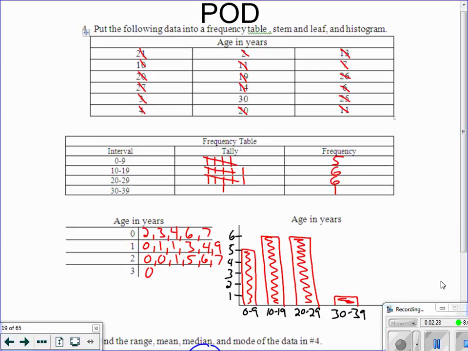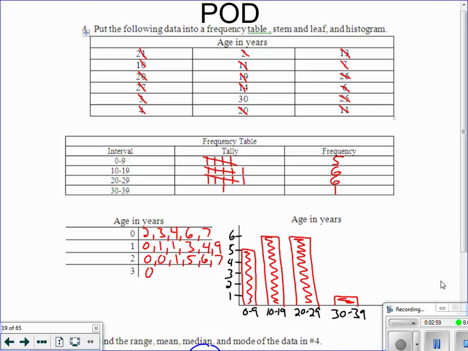All right, so let's take a look at your problem of the day here. Notice the stem and leaf, how many numbers we have in there. That matches up with the frequency table, and then the frequency column in the frequency table matches the height of the bars on your histogram. One thing to remember when you're filling these out, if you count how many pieces of data there are, 18 pieces of data.